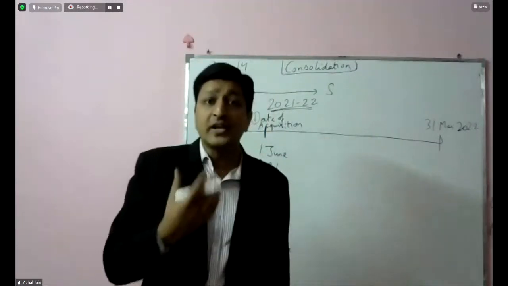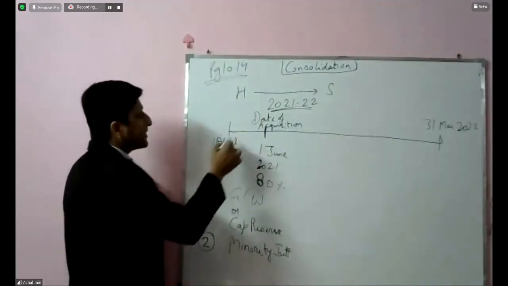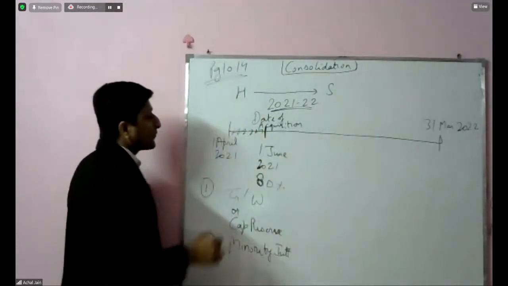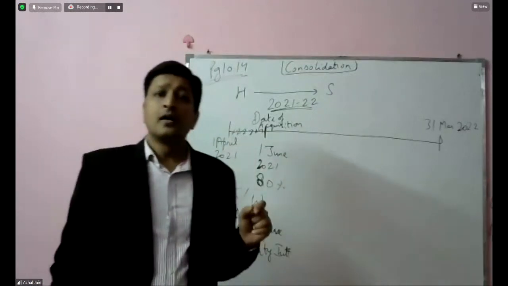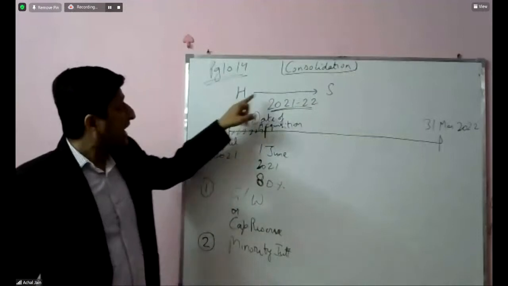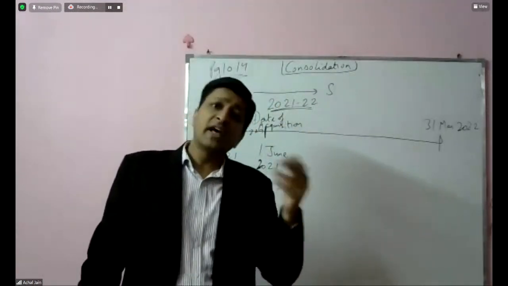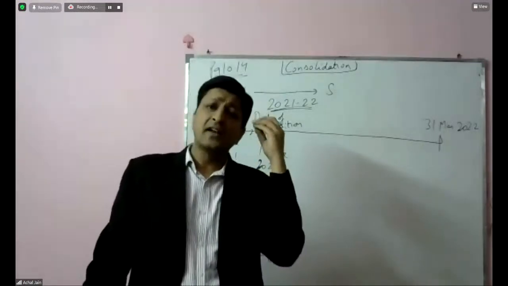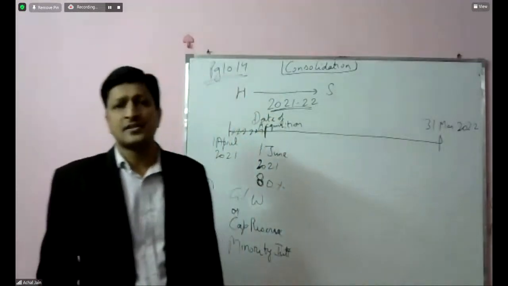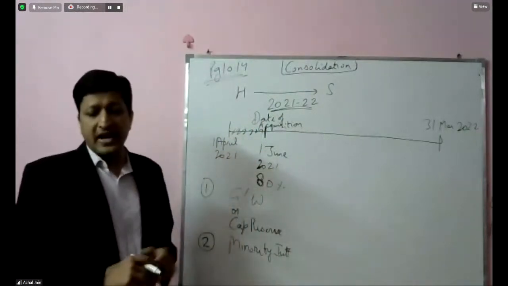But when should we combine them? From 1st April to 31st of May, H and S were not group companies. They were unrelated parties. H had no interest in S. S was not a subsidiary of H.